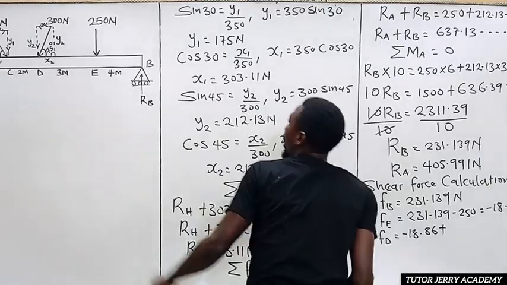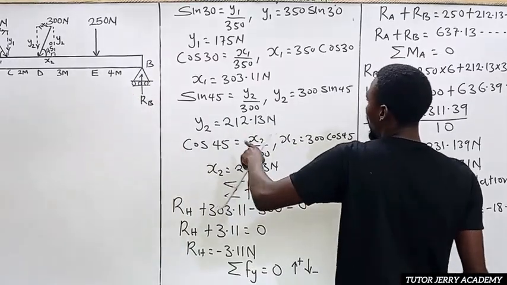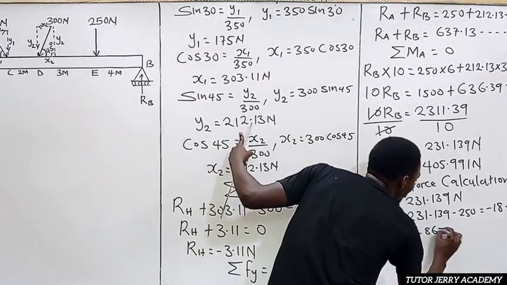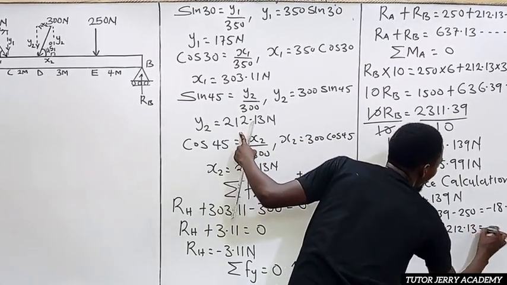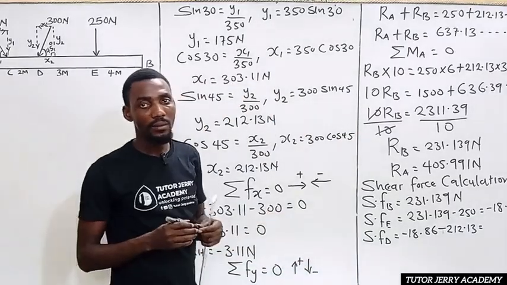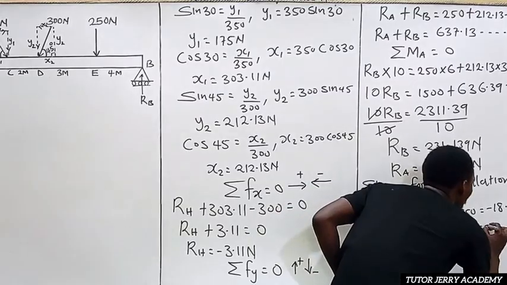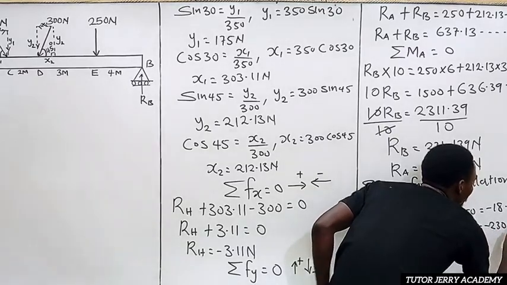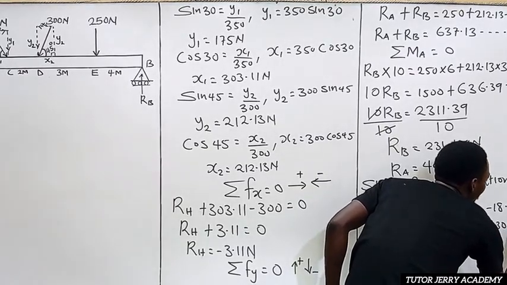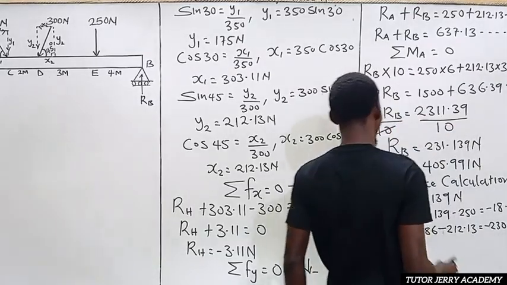So if we subtract Y2 from that, our Y2 is 212.13. So this is going to give us minus 230.991 Newton. All right, so that's what we have.